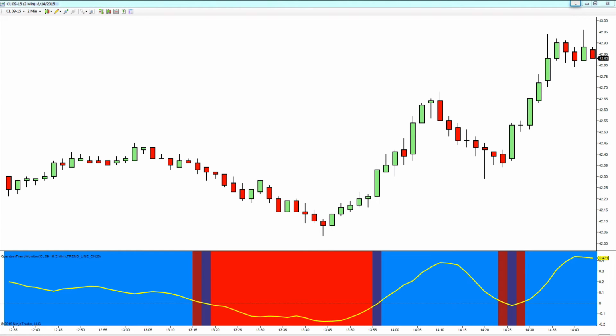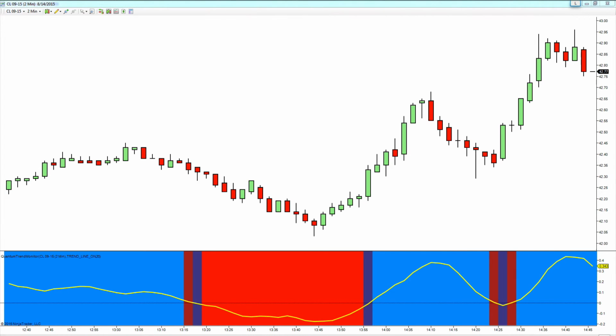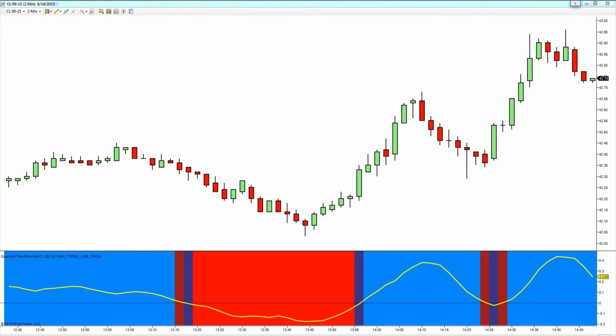Now you can see the yellow trend line. We're flattening off. We're up at the top. We've had a strong rally. We're starting to roll over a little bit now. Trend monitor is remaining blue for the time being, helping us to stay in this particular trend.